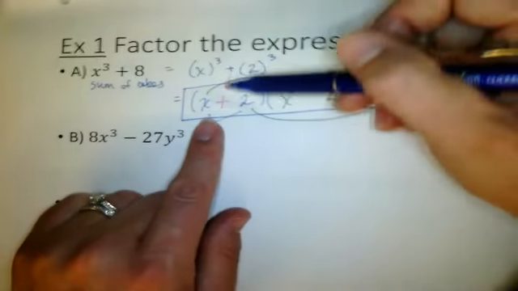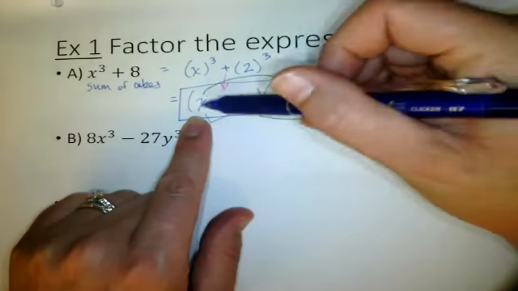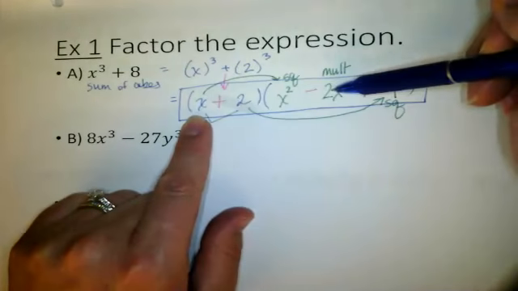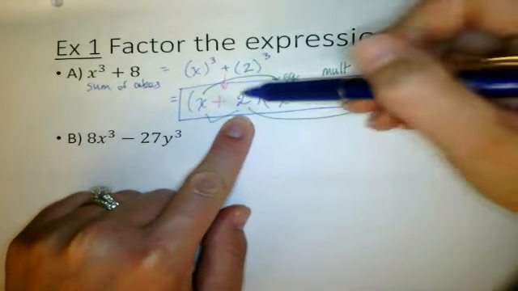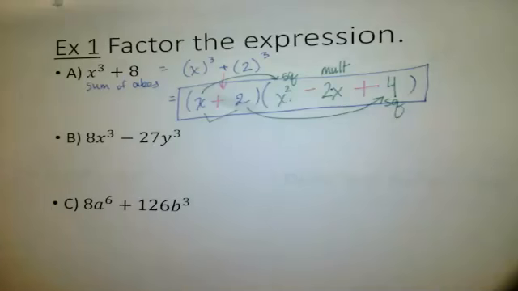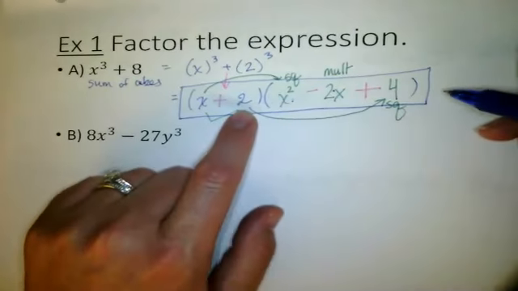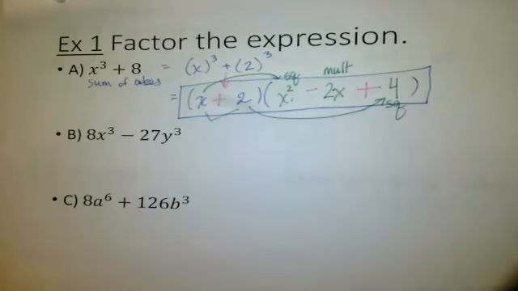So when you distribute, your x times negative 2x, that'd be a negative 2x squared. 2 times x squared, that's the positive 2x squared. So that's how it cancels itself out. If you want to prove to yourself that it works, then we could multiply it just like we did in the do now. It's just a weird pattern.